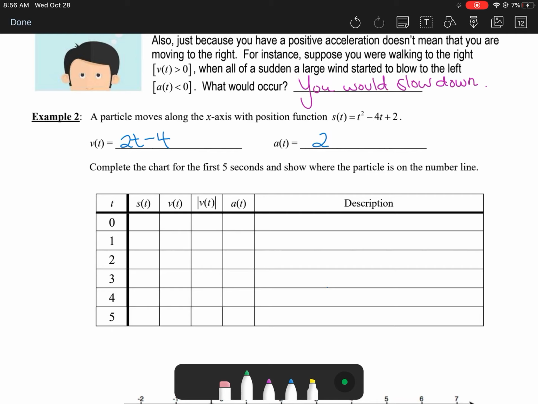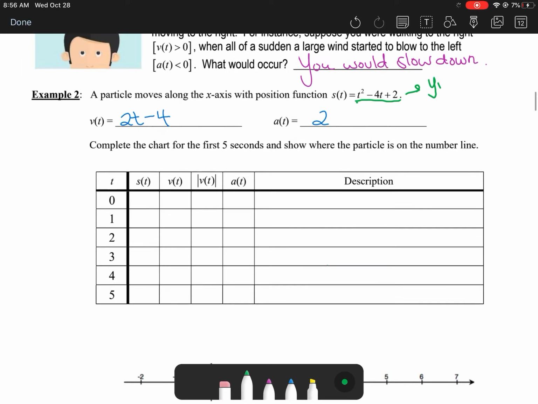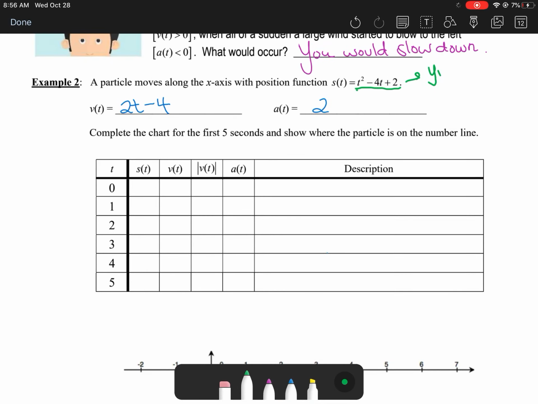So what I recommend doing here is putting s of t in y1. Then in y2, I want you to hit math 8, which brings up the derivative, so you have d over dx.